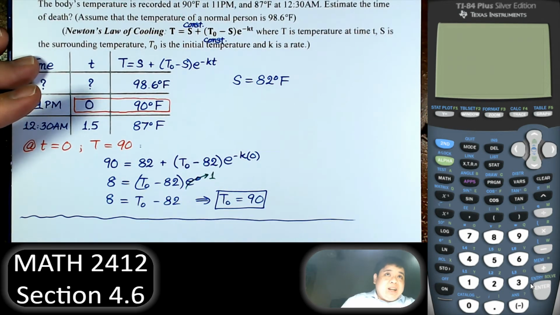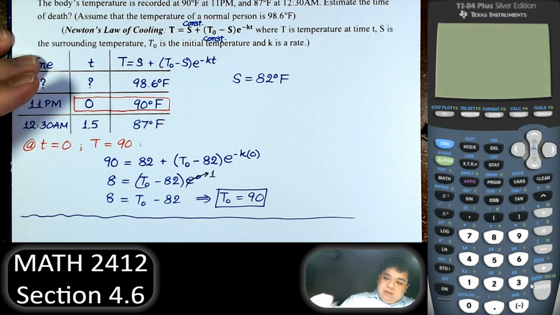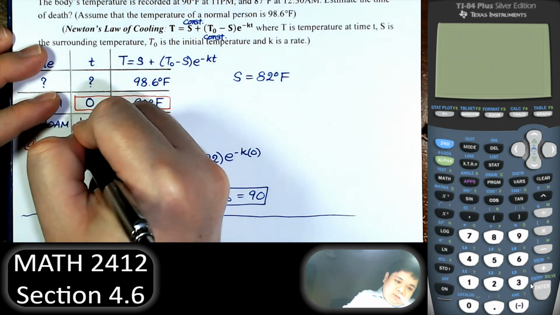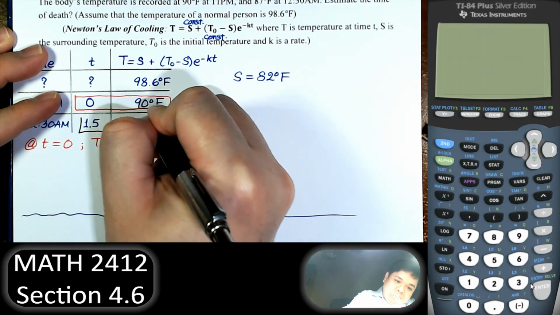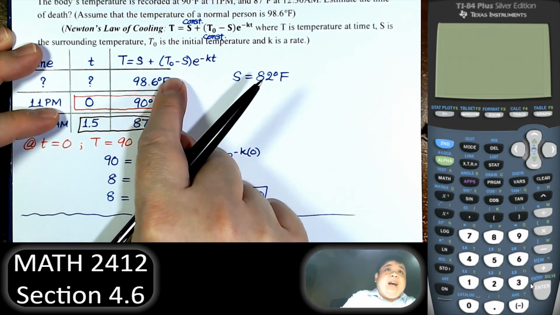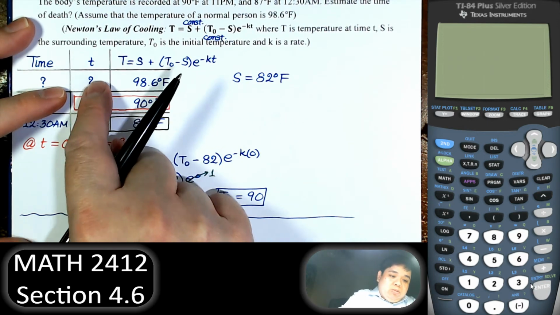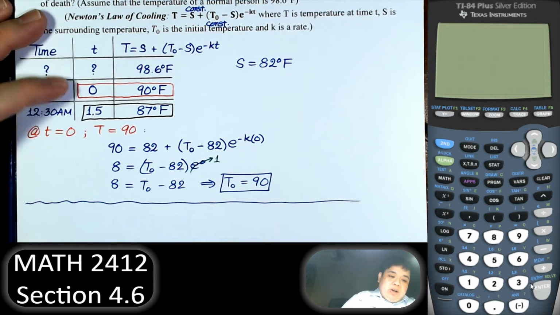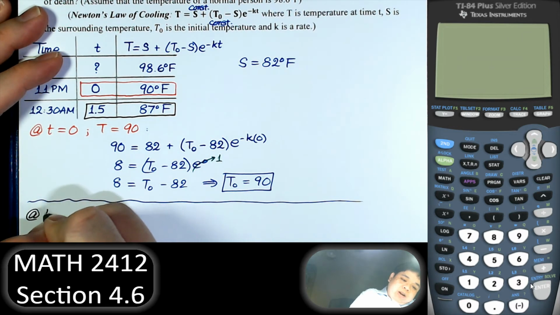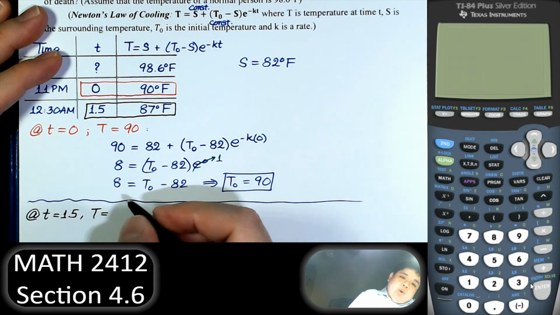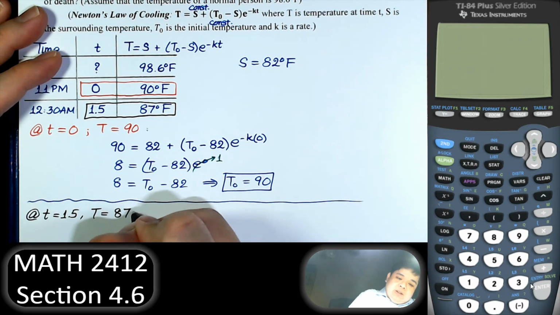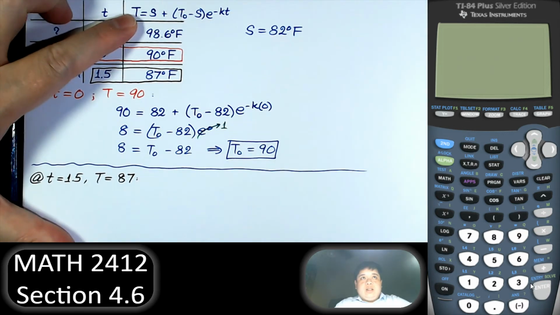Now let's go to the second set of data. We will go to the third one last because we don't know that. Here we do know at T equal to 1.5, the temperature is equal to 87 degrees. This is the equation.